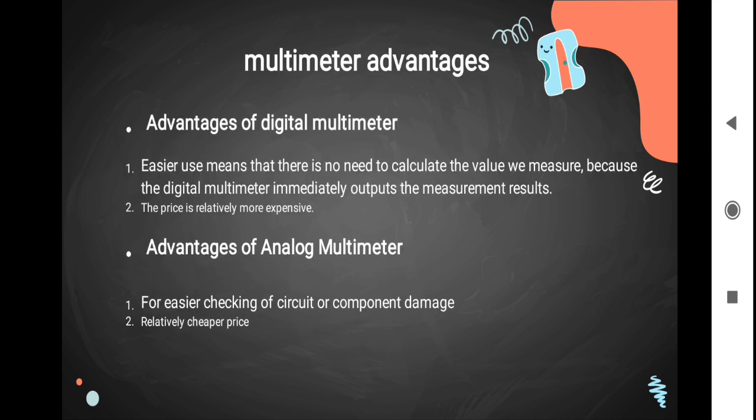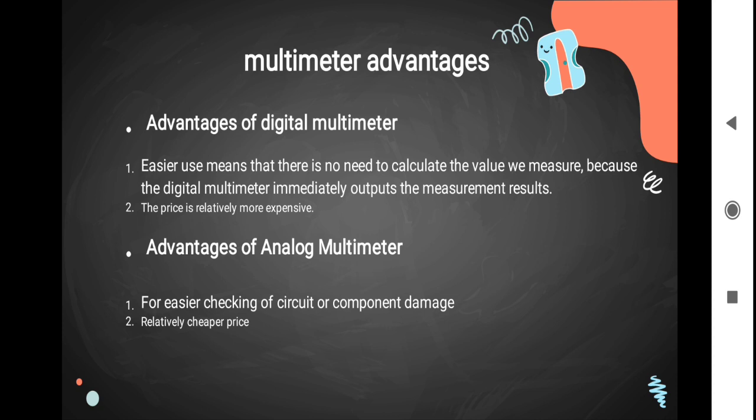Multimeter advantages. Advantages of digital multimeter. 1. It is easy to use, meaning that there is no need to calculate the value we measure, because the digital multimeter immediately outputs the measurement result. 2.